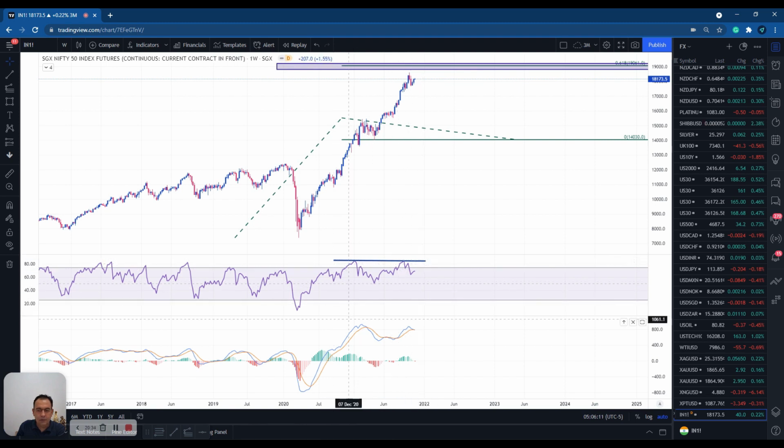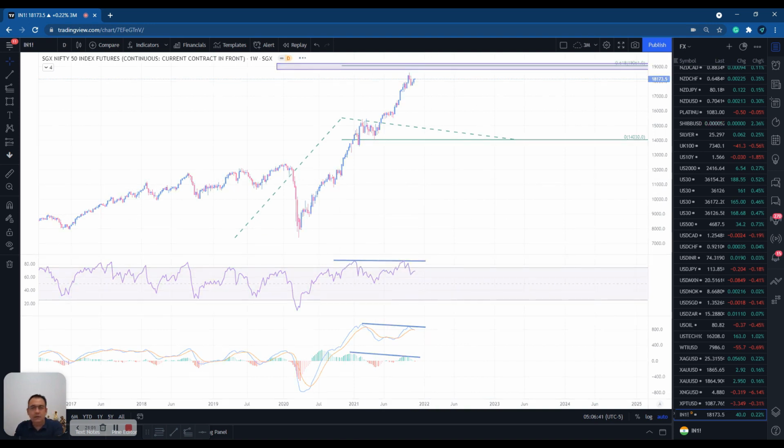Equal highs on RSI, whereas the price has made a higher high. Number two, the MACD histogram shrinking down. So bearish divergence confirmed. Number three, MACD lines, bearish divergence coming up.